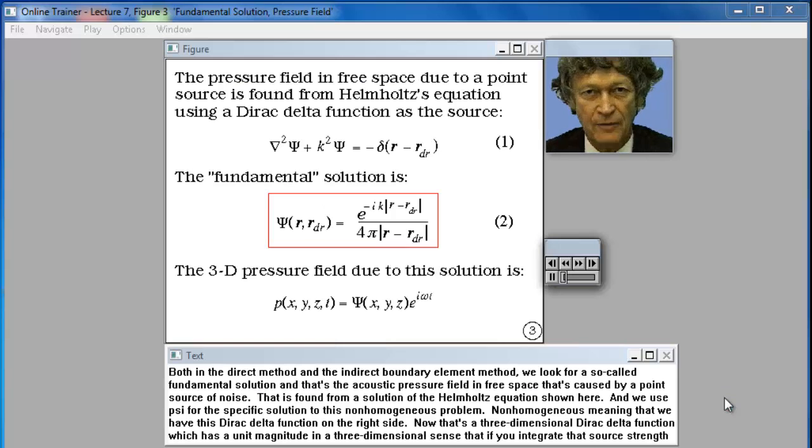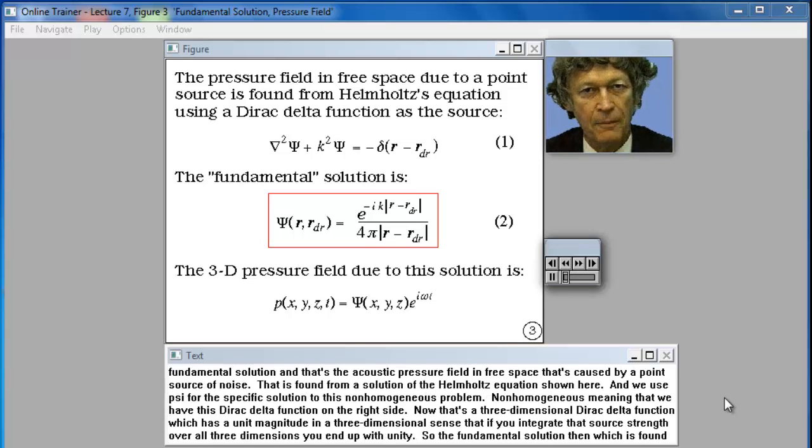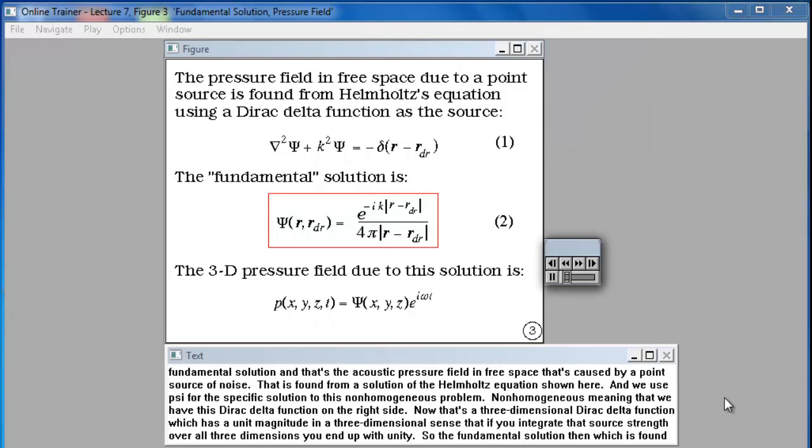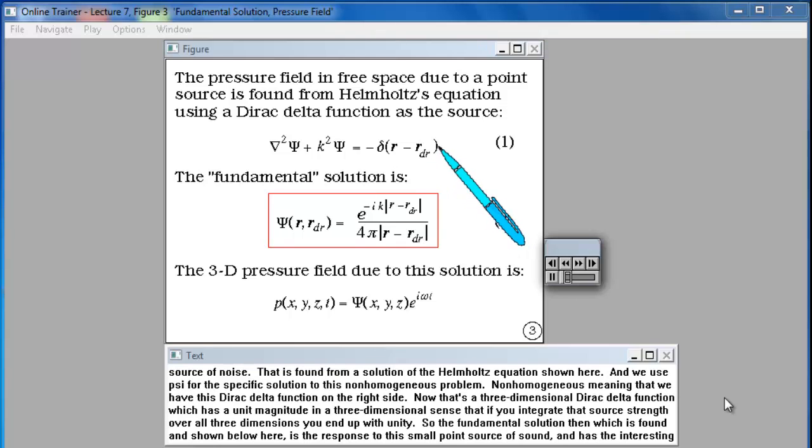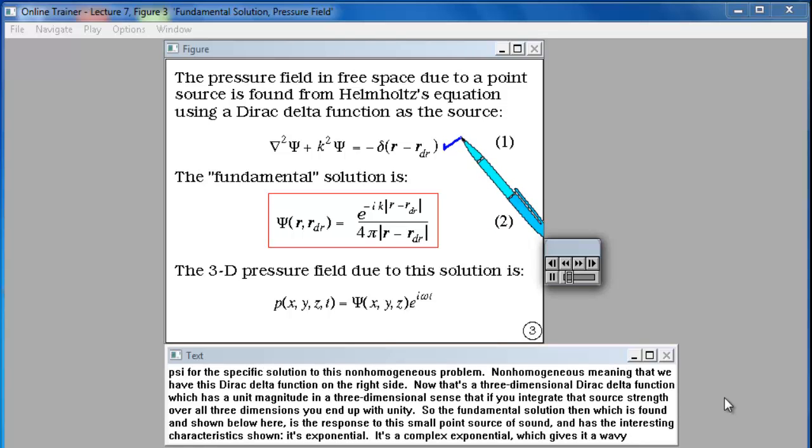Both in the direct method and the indirect boundary element method, we look for a so-called fundamental solution. And that's the acoustic pressure field in free space that's caused by a point source of noise. That is found from a solution of the Helmholtz equation shown here, and we use psi for the specific solution to this non-homogeneous problem.